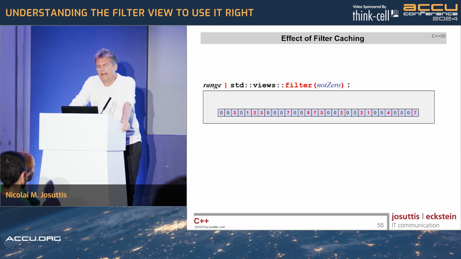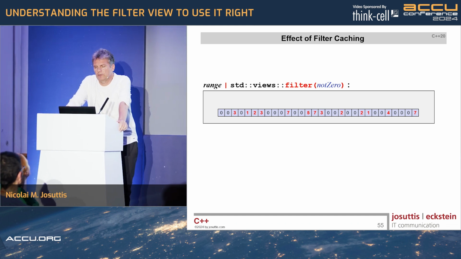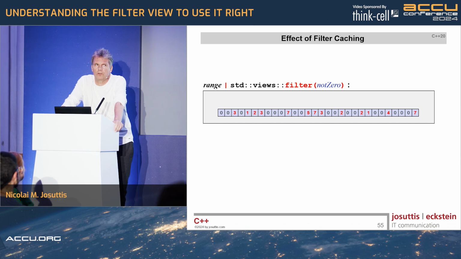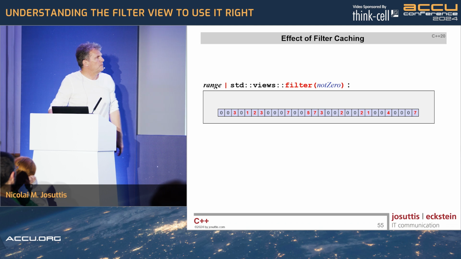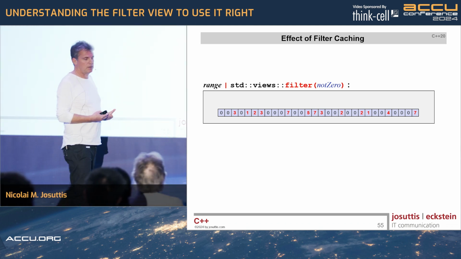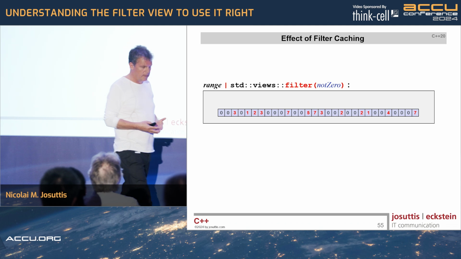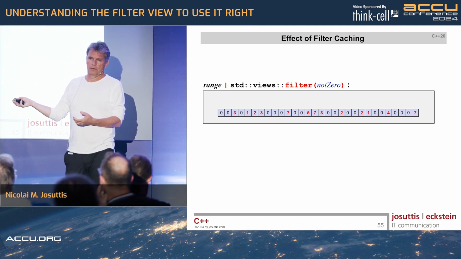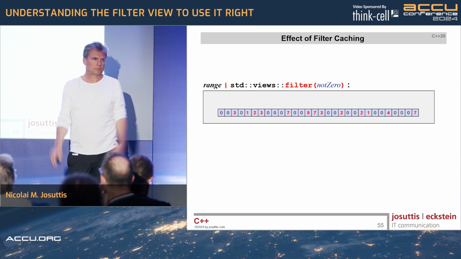Here we have a range that is piped into a filter, and this filter only wants to use the elements that are not zero. This assumes a very typical situation where you have a couple of values, some of them are zero, some are not, in some distribution.